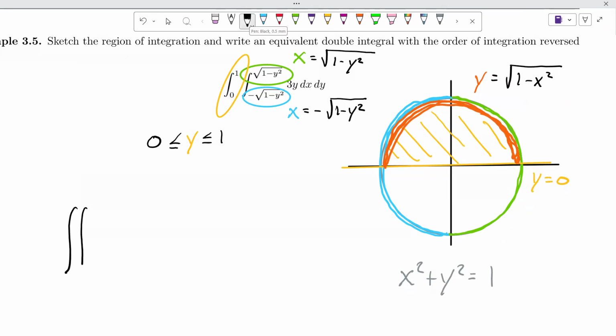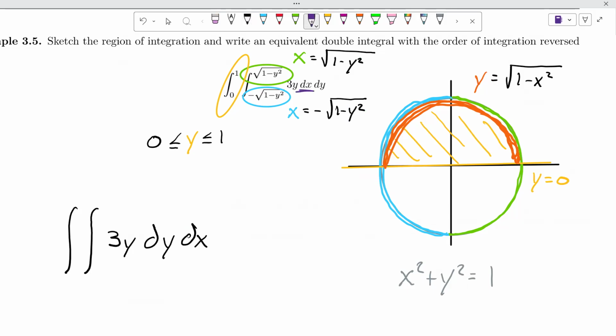Let me give myself a little bit more space so I don't run into things. First off, if I'm switching my order, the integrand does not change. So my inside is still 3y. But I'm now going to do dy and then dx.